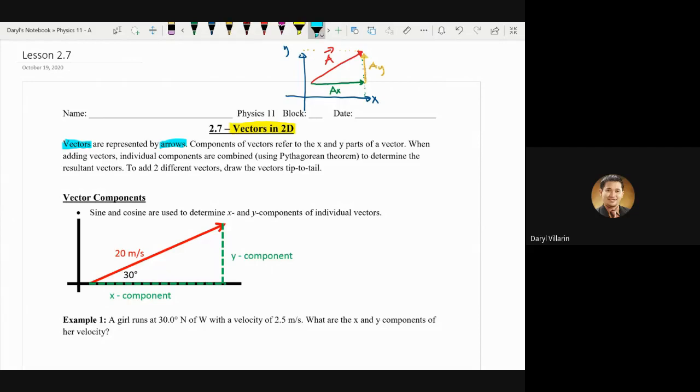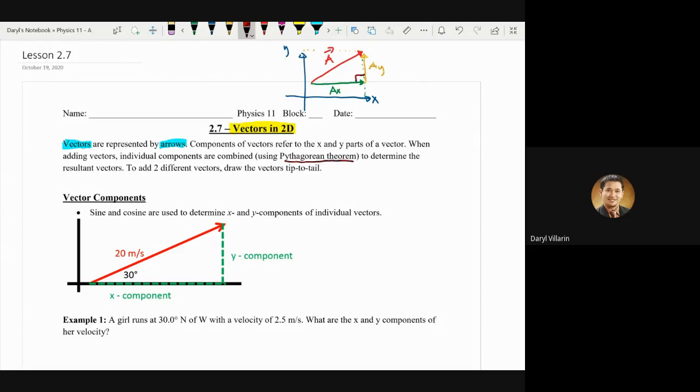Breaking down your vector into its components, you're just making up a right-angled triangle, and based on what you've learned in trig, Pythagorean theorem can be applied.